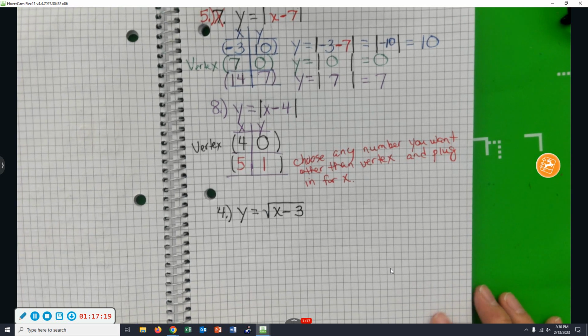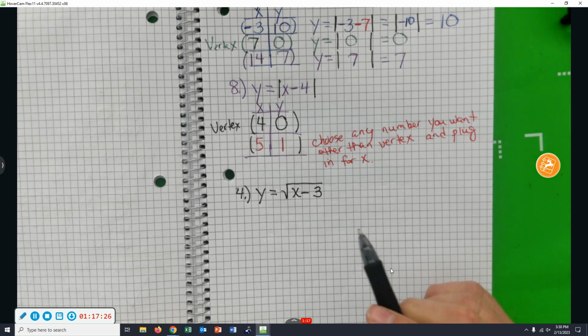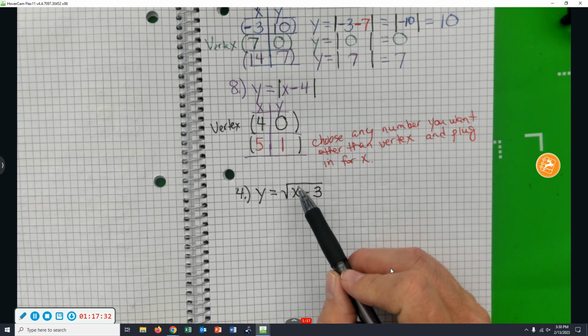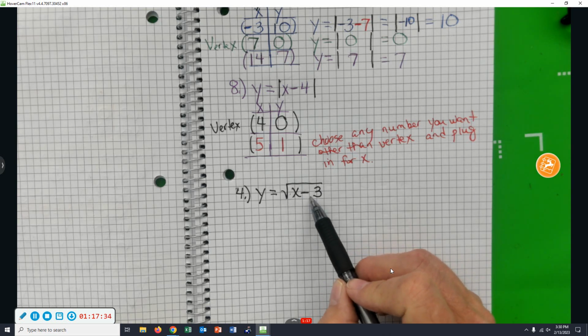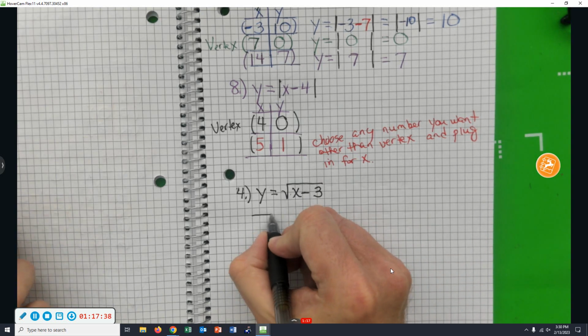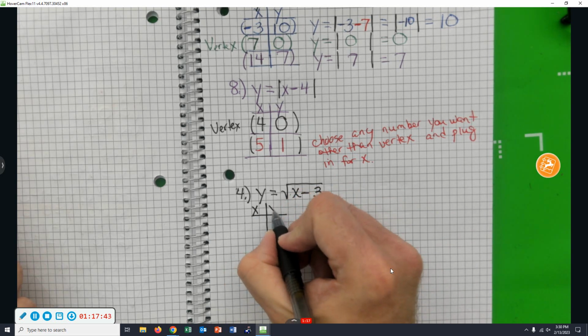Also there's something you've got to be careful about. Can you just plug any number in here? When you're looking at graphs, there are no imaginary numbers. For instance, could I plug a 0 in for x? Because if I plug a 0 in for x, that gives me a negative 3 under the square root. And that's an imaginary number.